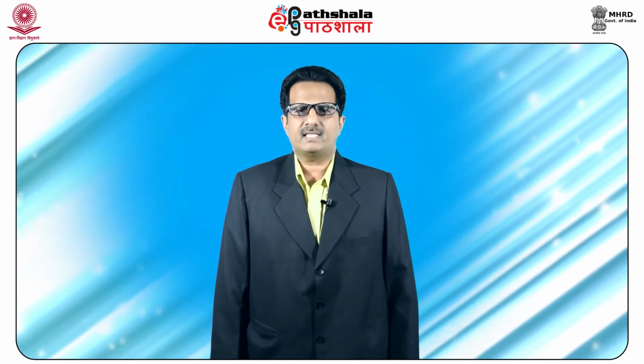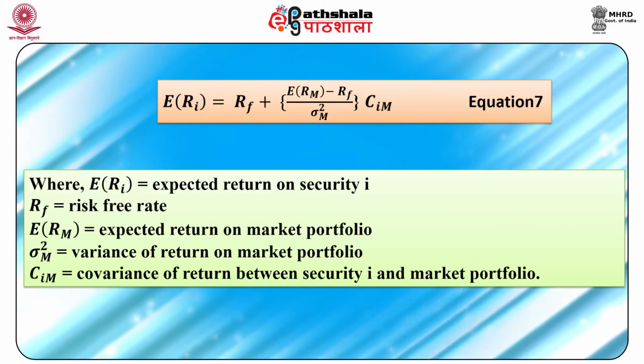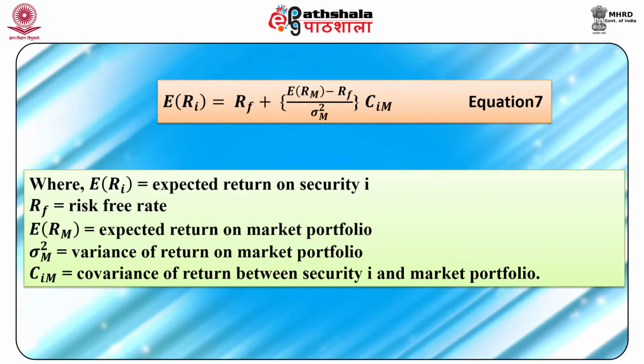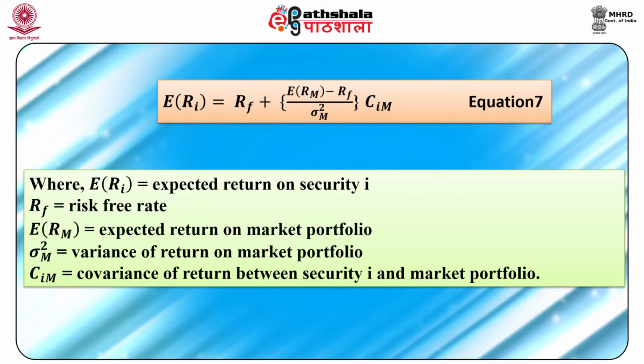It can be represented mathematically through equation 7, denoted by E(Ri) = Rf + [(E(Rm) - Rf) / σ²m] × Cim.